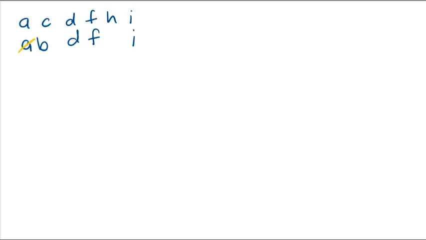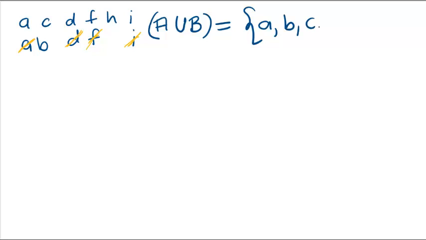A would repeat, D, F, and I would repeat. So if I'm answering the question, what is A or B in brackets equals curly bracket, and it's going to be A, B, C, D, F, H, I, close curly brackets.